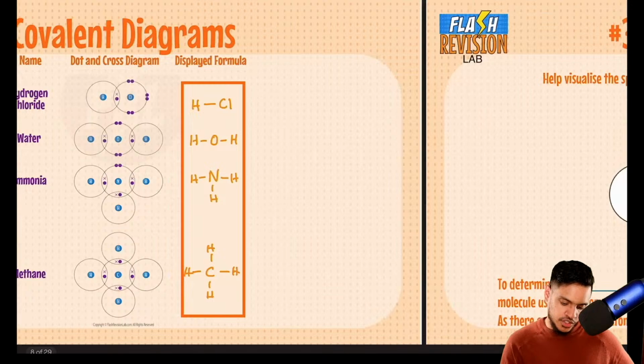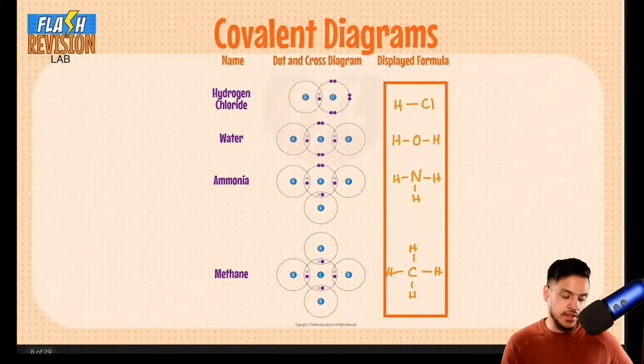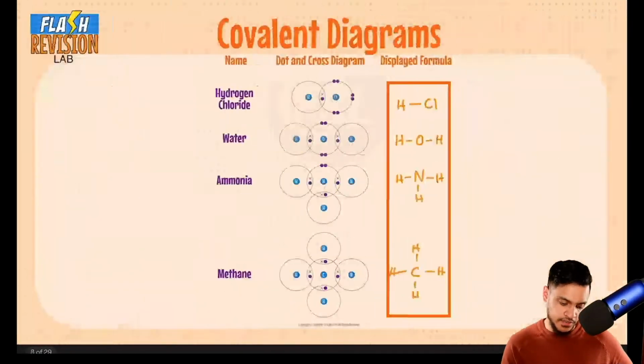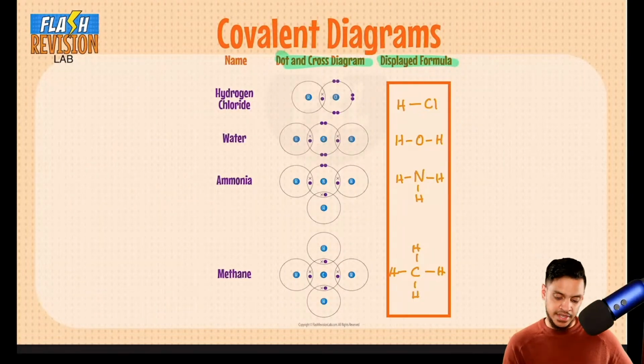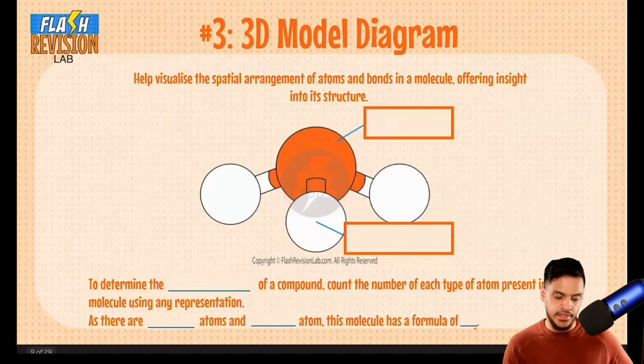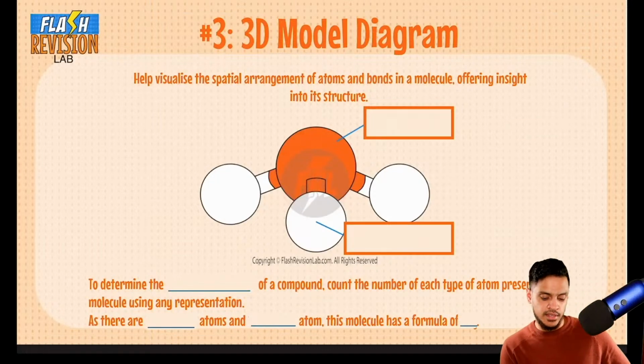Right? So let's look at a few other types of diagrams that you can have. We've talked about dot and cross diagrams, and we've talked about displayed formulas. In an exam, you might also see a 3D model diagram. You won't get asked to draw one of these because they're 3D, so it's way too hard to draw for an exam.